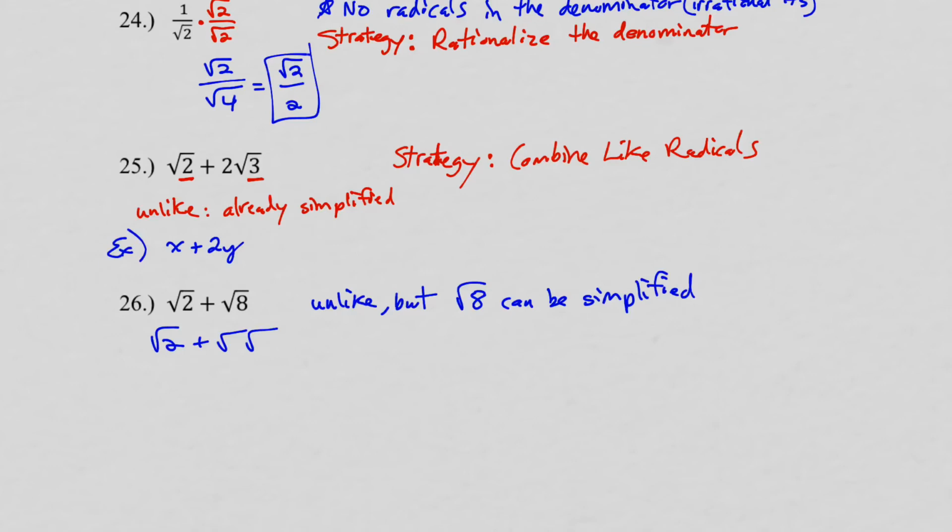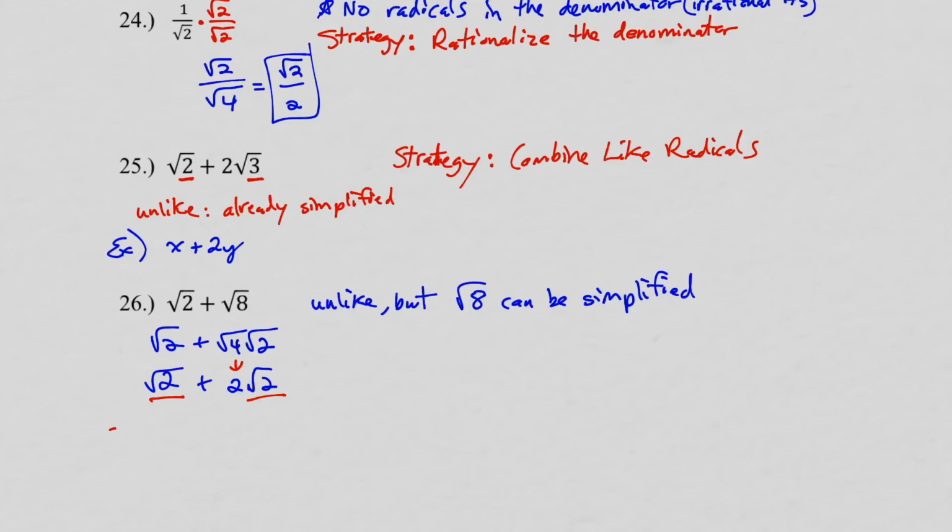We want a perfect square. That's 4 times 2. And so this square root of 4 becomes a 2. And now we have radical 2, radical 2. Those are now like radicals.